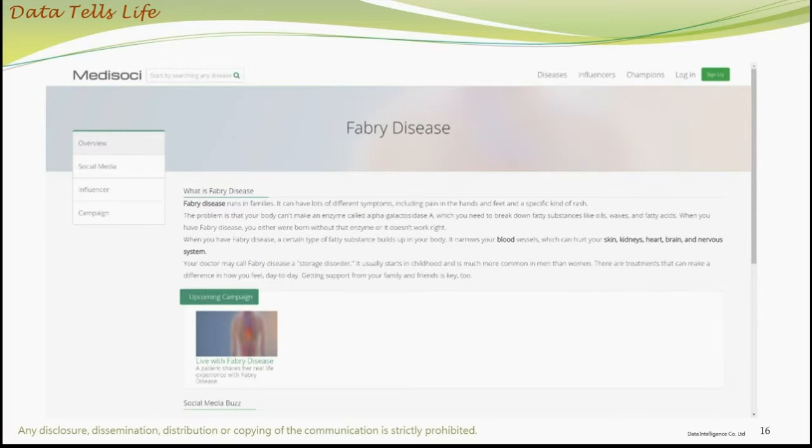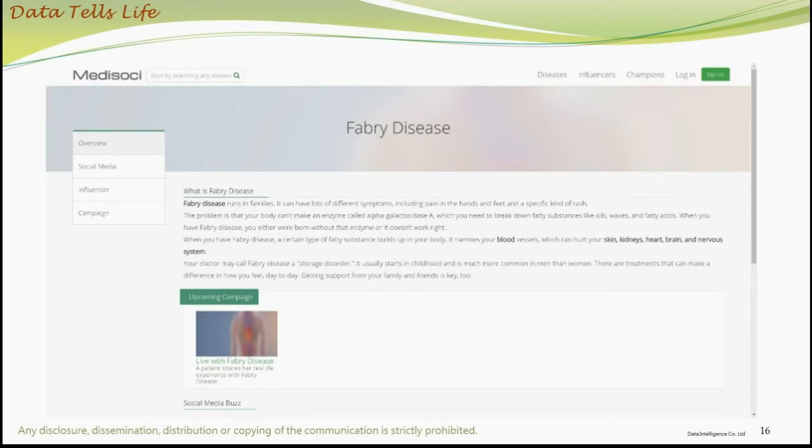MediSoci is a system supported by data analysis technology on social media. MediSoci receives a disease map from the data analysis, and the time gap can be every hour or every 24 hours, to feed back to MediSoci what the topics about the disease are and what is happening about the disease on social media.